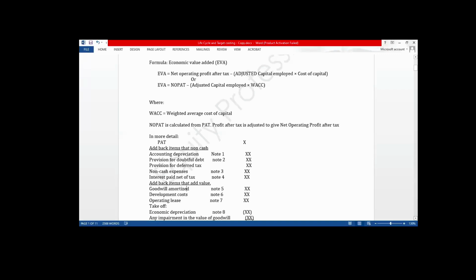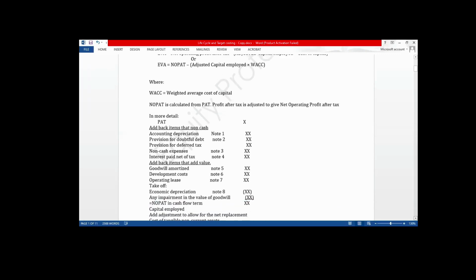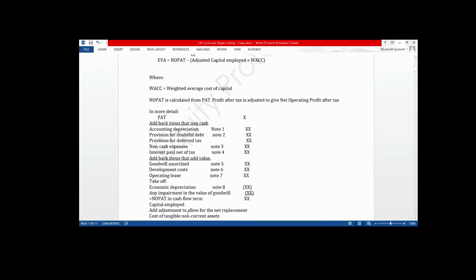These are the items to be added back to your profit after tax. Next, items to be deducted. One is economic depreciation.